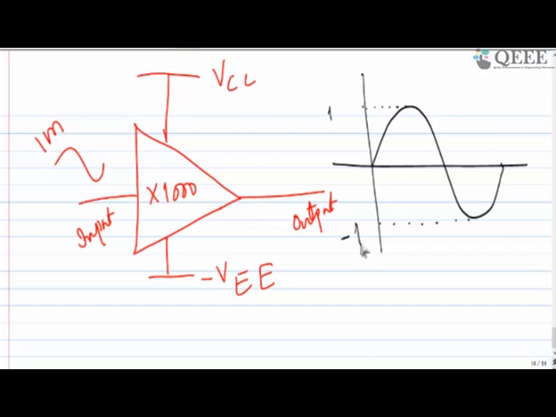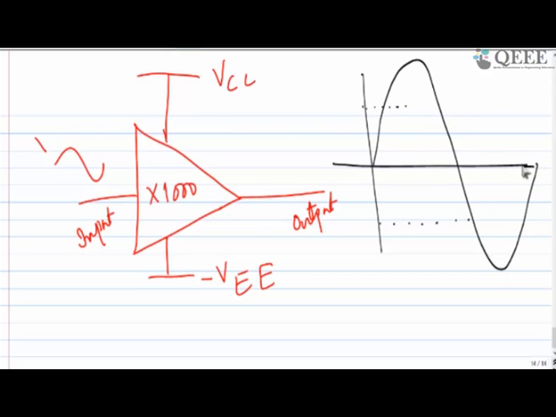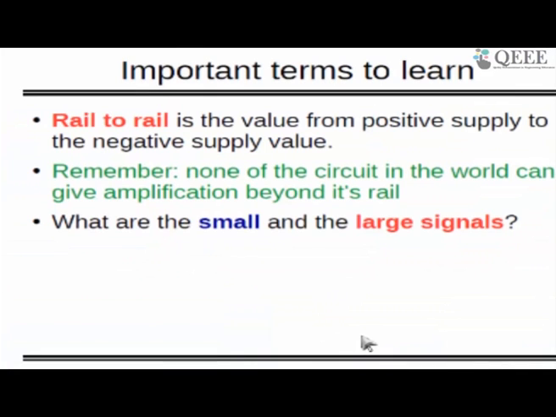But what will happen if, instead of this, I give something like 1 volt, only 1 volt? Maybe some people, without agreeing with our last sentence, may say it's 1000 volt this side, 1000 volt this side, but it's impossible, because just now we agreed that no circuit in the world can give amplification beyond its rail.